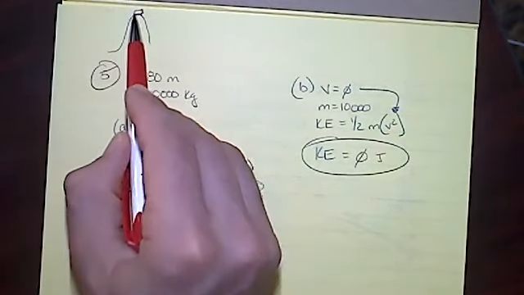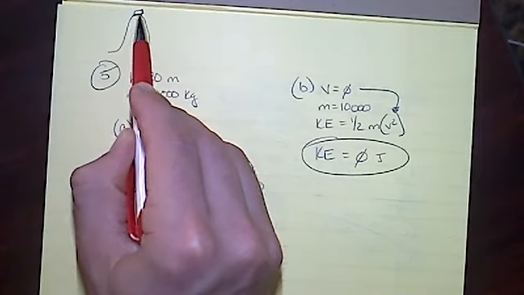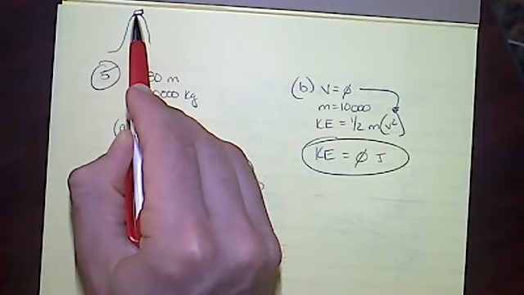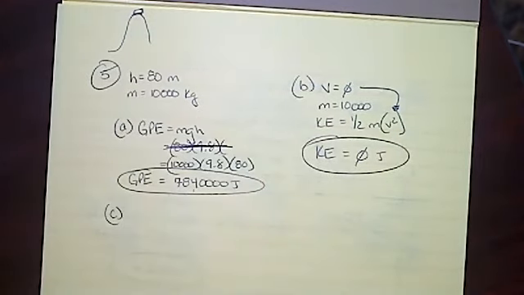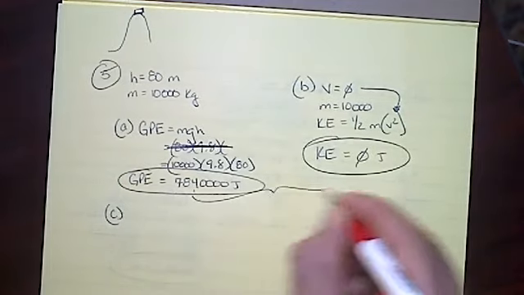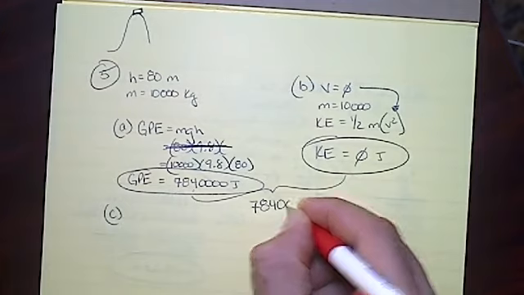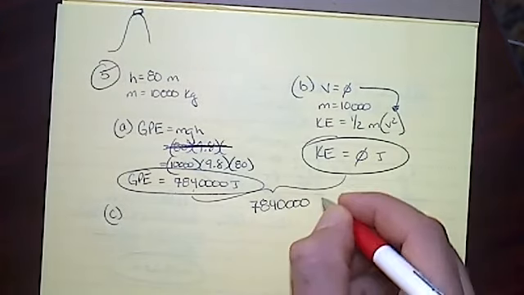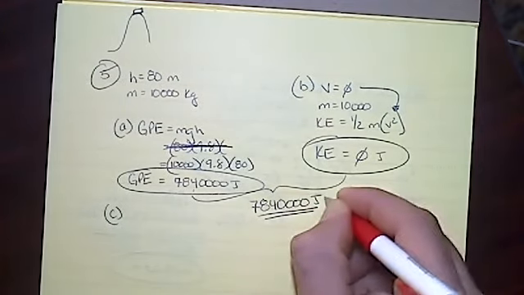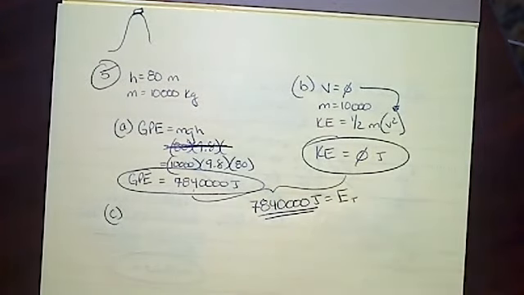So what is the total energy that this car possesses at its beginning run? Add the GPE and the KE. You're right. The total energy it possesses is 7,840,000 joules. That is the total energy.